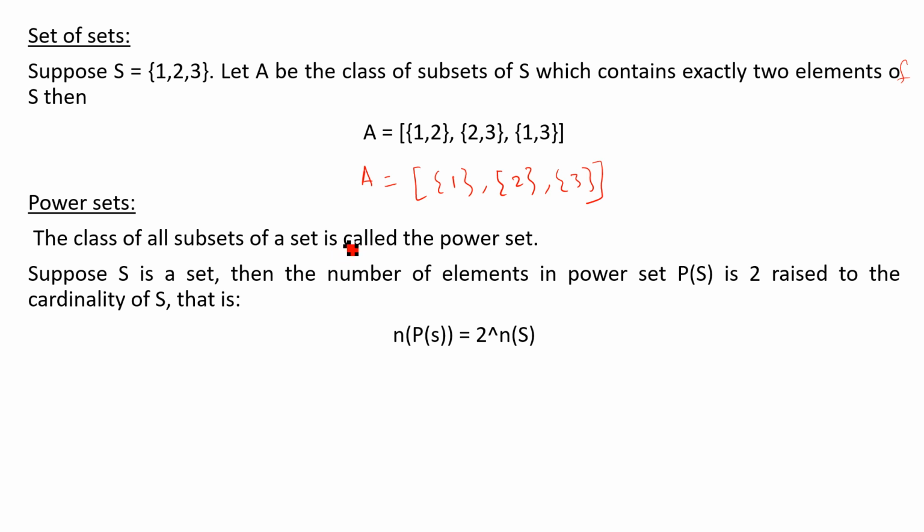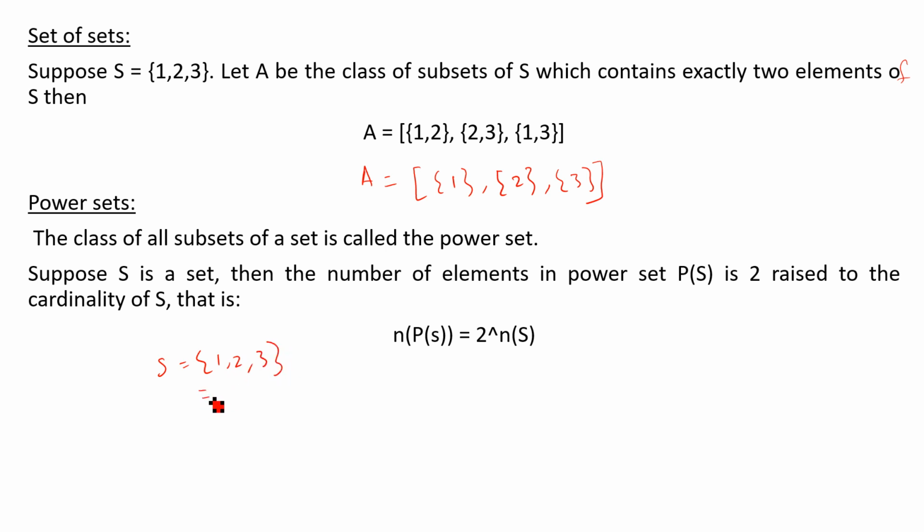So there is a concept of power sets. The class of all subsets of a set is called the power set. So the class which has all the possible subsets of a set is called the power set. Suppose we have the set 1, 2, and 3.